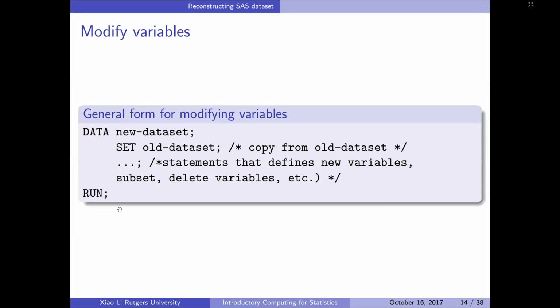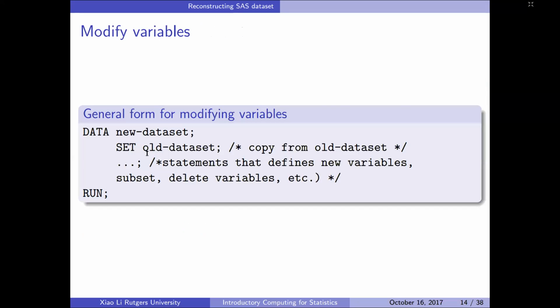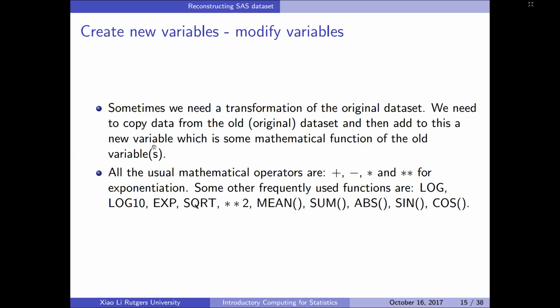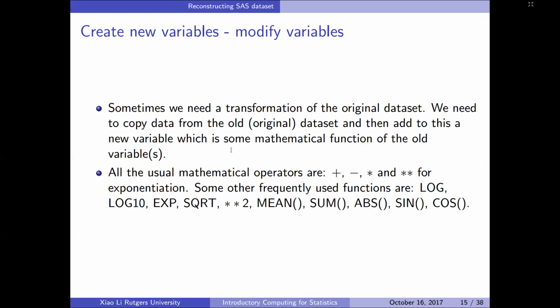Now we'll talk about how to modify variables. Modification of variables is much similar to making an exact copy from an existing data set. So we also have a set statement after your data step with your new data set name and set your old data set, which is followed by some other statements.